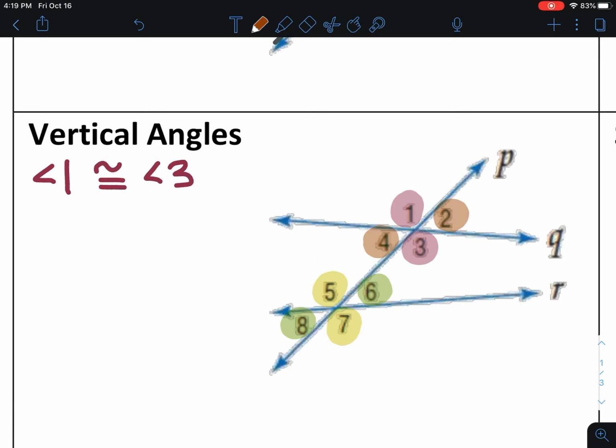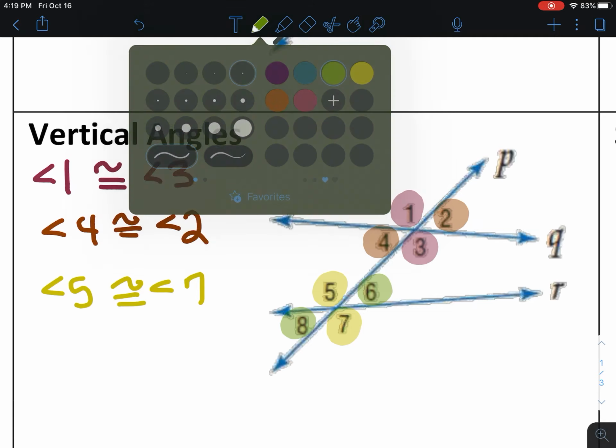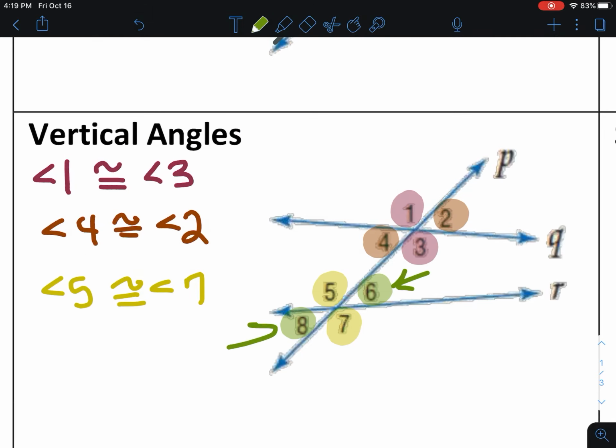Those are vertical angles, so angle 4 is congruent to angle 2. And then here we have angle 5 and angle 7. They're vertical angles, so they're also congruent to each other. And then lastly, we have angles 6 and 8. They're vertical, so they're also congruent to each other. Okay, so that's vertical angles.